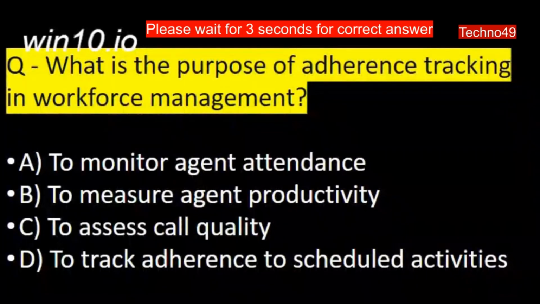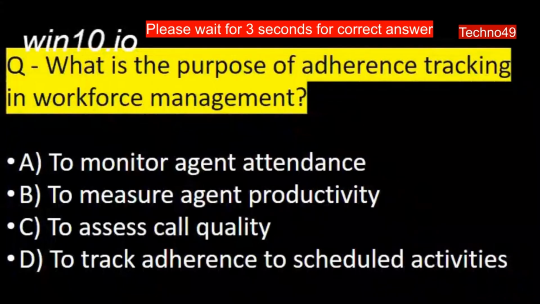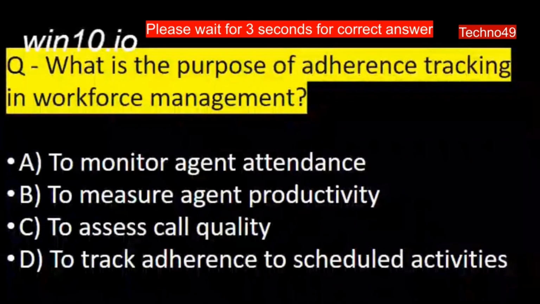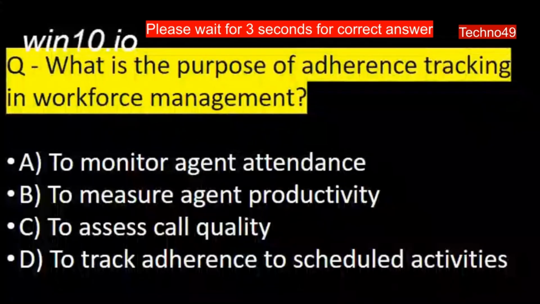Correct answer for this question is option D, to track adherence to scheduled activities. Adherence is very important in call center or workforce management to ensure that whatever schedule has been given to the agents, they are adhering to that, so that no situation of understaffing occurs.